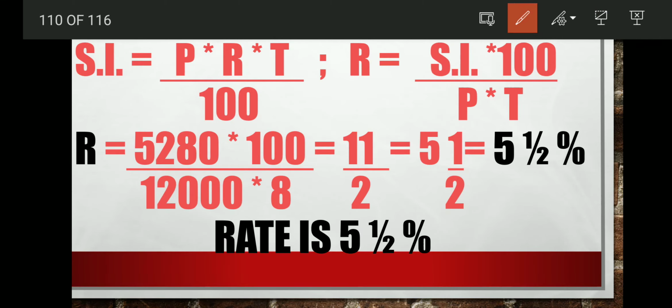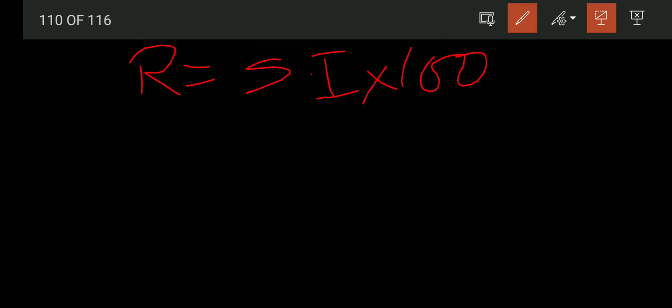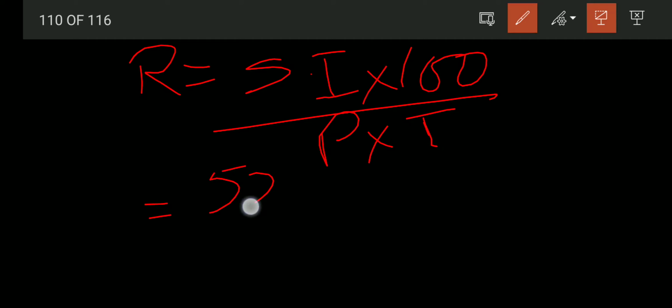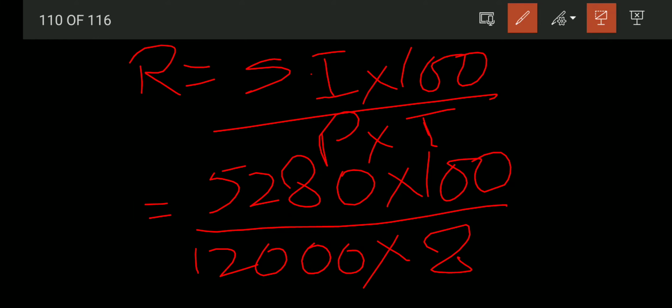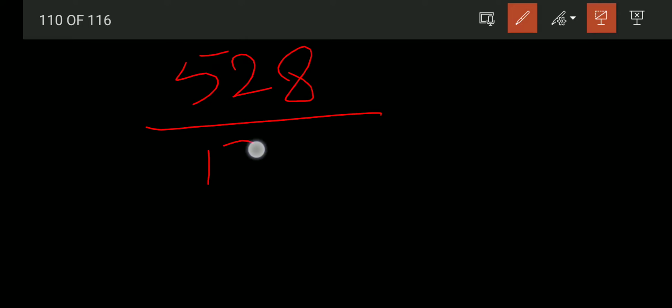Now what we'll do, we'll put these values into the formula R equal to SI into 100 divided by P into T. So what SI is, we just calculated: 5,280 into 100. What is principal? That is 12,000 into time, that is 8 years. Now we'll calculate. 1, 2, 3, 1, 2, 3 zeros cancel. So what we are left with is 528 divided by 12 into 8.